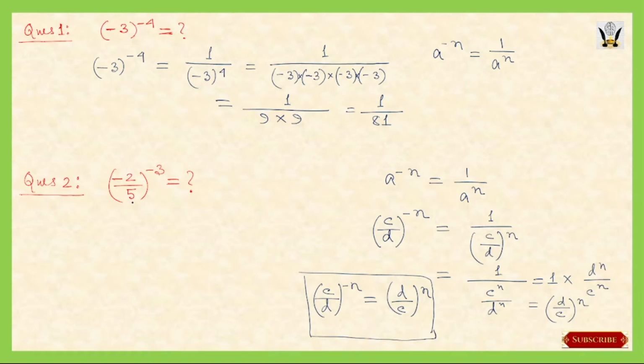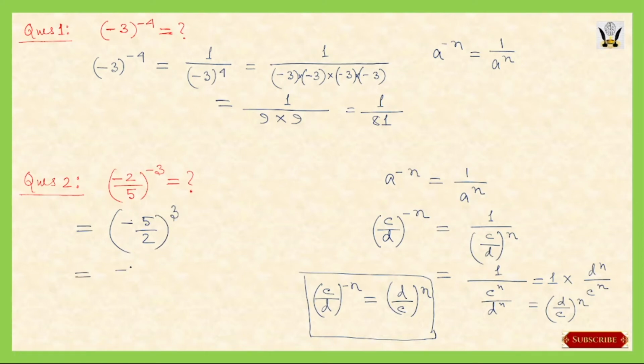Now for this type of problem, where we have a rational number expressed as a ratio of two integers, if we use this property, then directly we can write that minus 2 by 5 to the power minus n can be written as minus 5 divided by 2 to the power plus n, where the n value is 3.